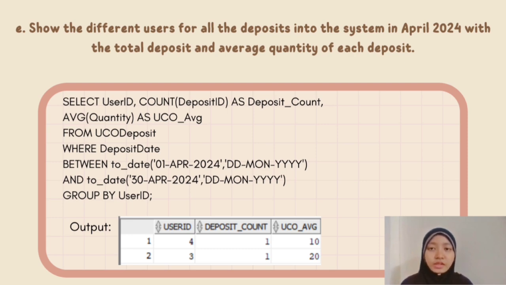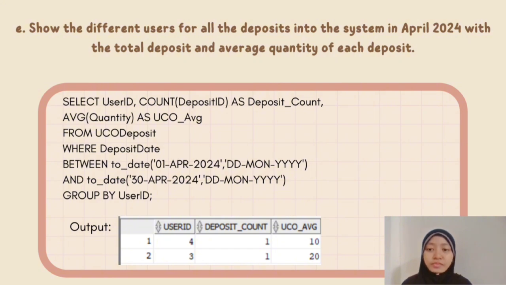Then use the function AVG to calculate the average quantity of each deposit, where we will choose attribute quantity and rename it as UCO_AVG.